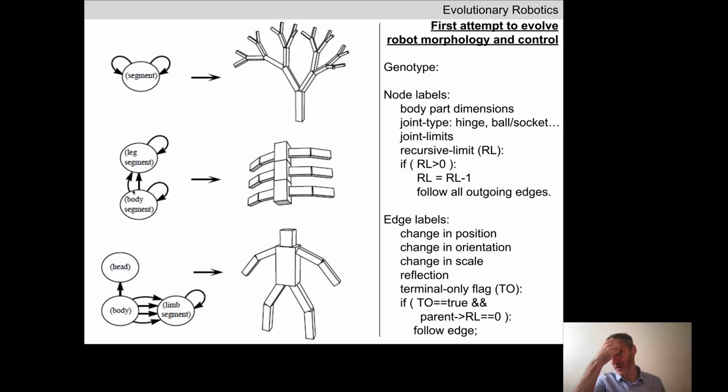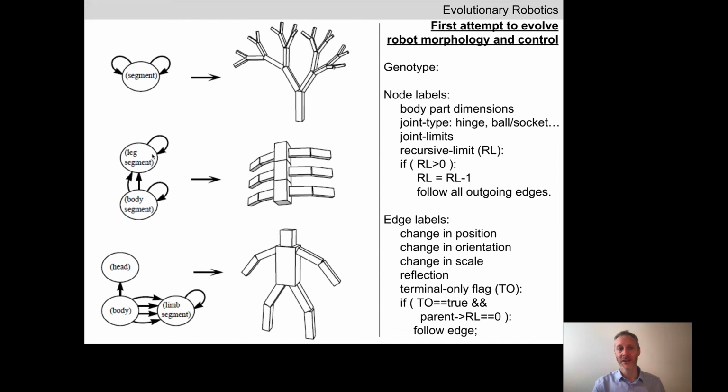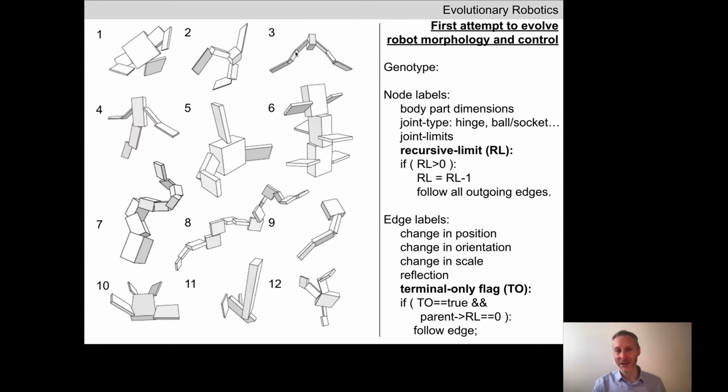And as Logan was mentioning, 2 edges coming off it from the body to the leg, corresponding to the left and the right side. And then iterating through that with a recursive limit of 3 to a self edge that recreates a leg segment on a leg segment on a leg segment.